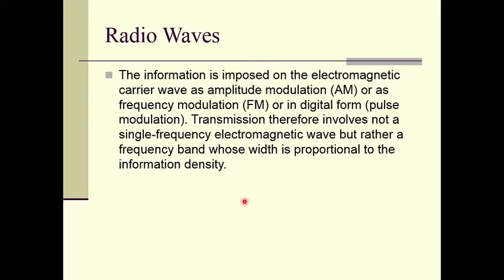A particular station has a particular frequency, let us say 500 kilohertz or 550 kilohertz. If a particular radio station is transmitting the signal at 500 kilohertz, then whatever signal is broadcasted there will be broadcasted at the same frequency, that is 500 kilohertz.